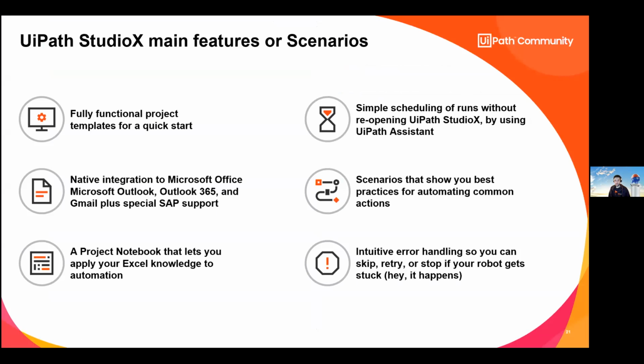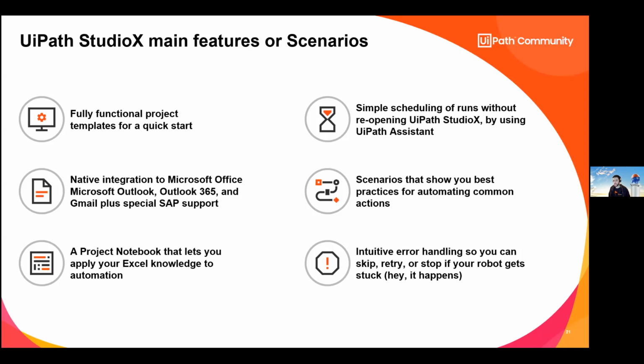And the tool also gives you intuitive error handling. So you can, as it says there, skip, retry, stop, and actually check why your robot is failing or why your robot gets stuck. And here it says, hey, it happens. Of course, it happens to all of us. All robots need some error handling.